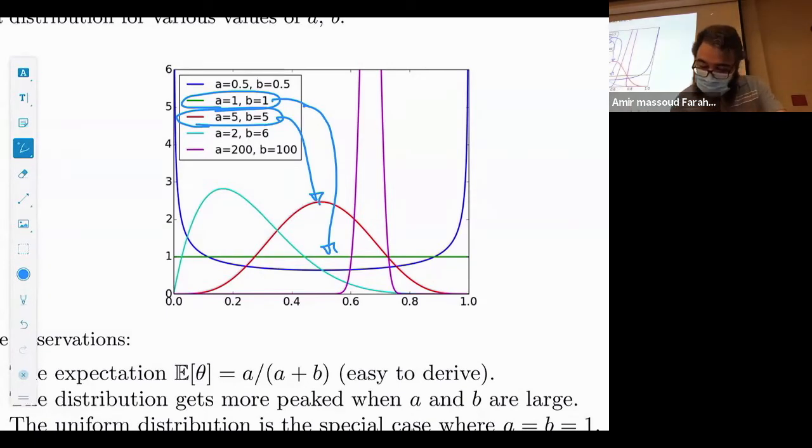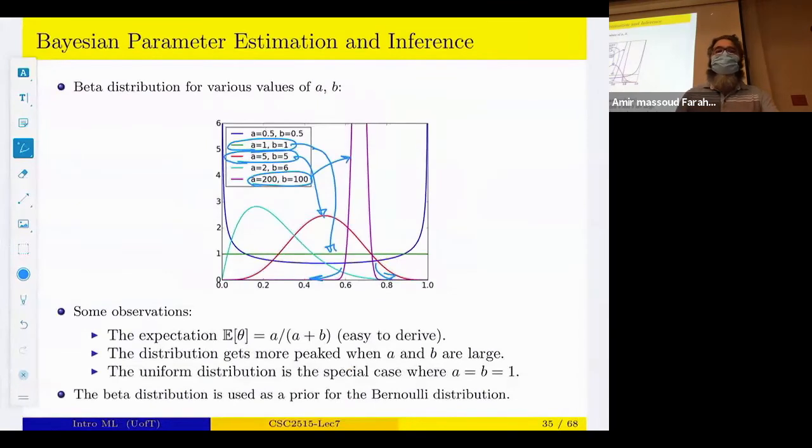Another value, for example, is the purple one. A is 200, B is 100. It looks like this, a density concentrated around a value of 2/3, but you see that the probability goes to 0 very fast as we move away from it. Some properties of this distribution that are good to know: the expectation of theta is A divided by A plus B. So when A and B are equal, the expectation would be 0.5.